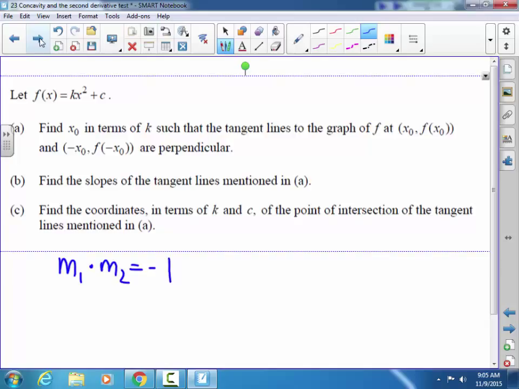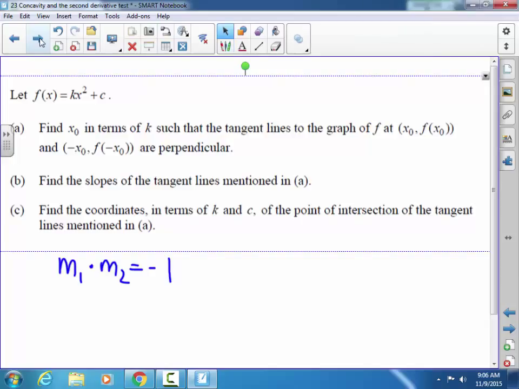And tell them how you got that. Not Mr. Ely told you. But since they're perpendicular and it's negative, they have to multiply to give you -1. No, the slopes have to multiply to give you -1.